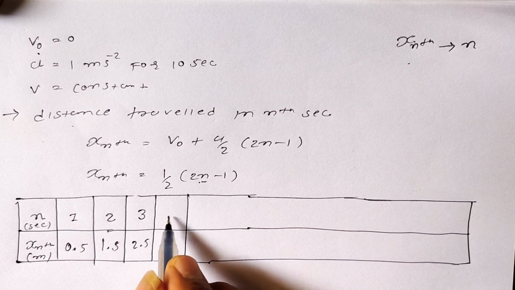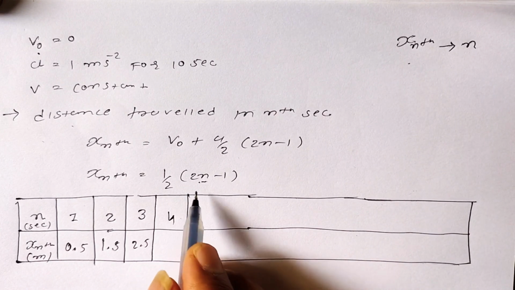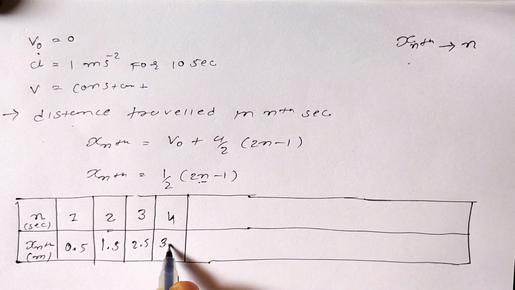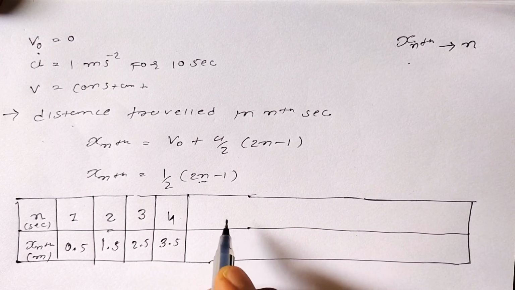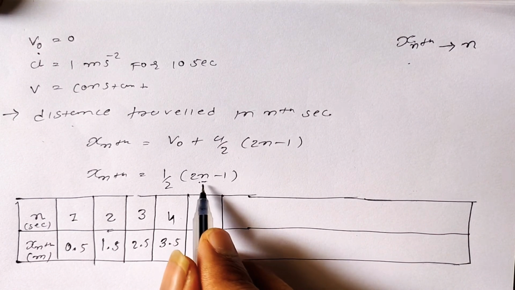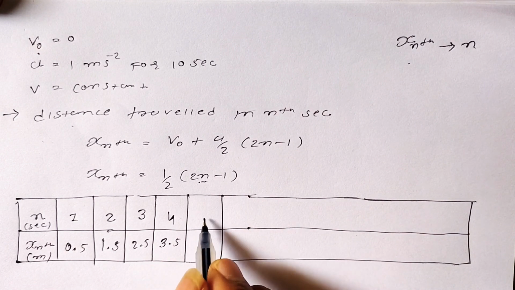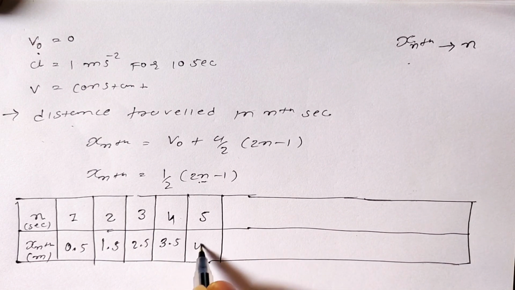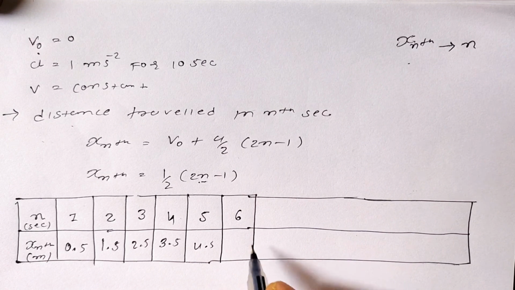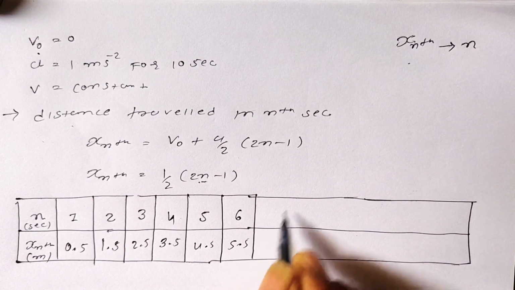Then at n equal to 4, 8 minus 1, 7 by 2, so it becomes 3.5. Then at n equal to 5, 9 minus 1 by 2, so it is 4.5. Same at n equal to 6, we will get 5.5.